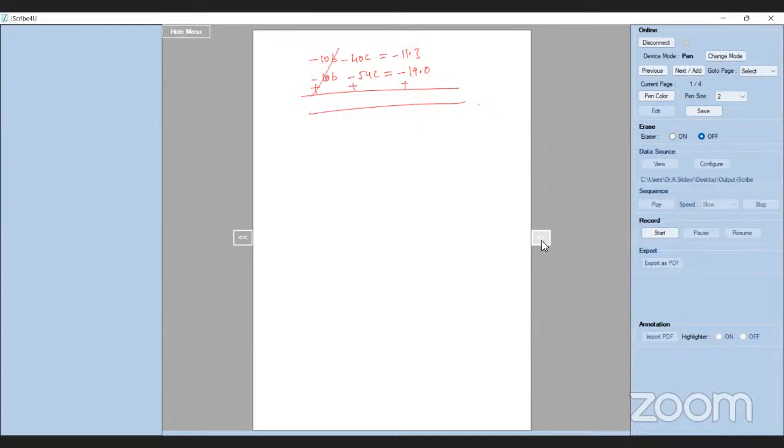So what is this value? 14C is equal to 7.7.